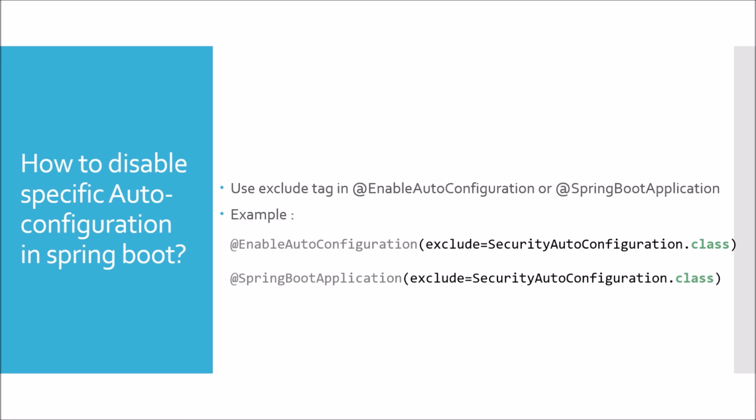For example, @EnableAutoConfiguration exclude equal to SecurityAutoConfiguration.class or @SpringBootApplication exclude equal to SecurityAutoConfiguration.class. So at the time of startup, SecurityAutoConfiguration.class will not be included as a part of the opinionated view that Spring Boot provides.